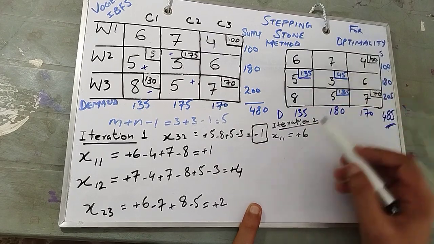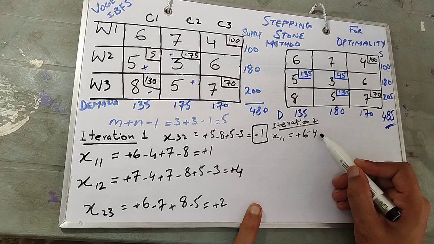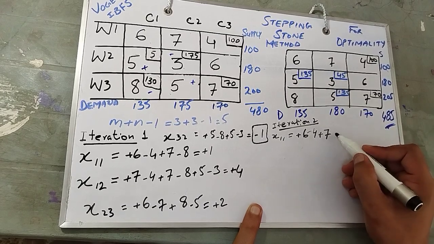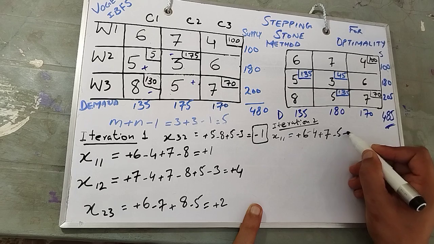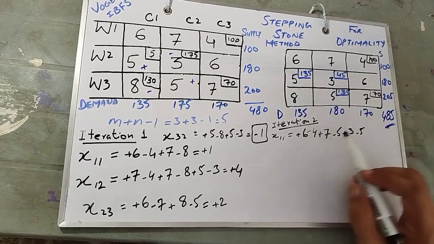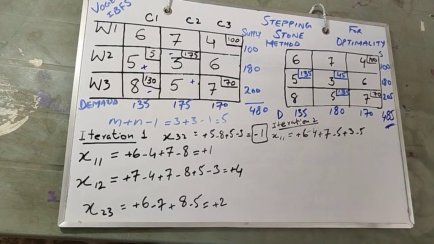Plus 6 minus 4 plus 6 minus 4 plus 7, plus 7 minus 5 plus 3 and minus 5. 1, 2, 3, 4, 5, 6. Remember, it has to be even, as I already mentioned before.